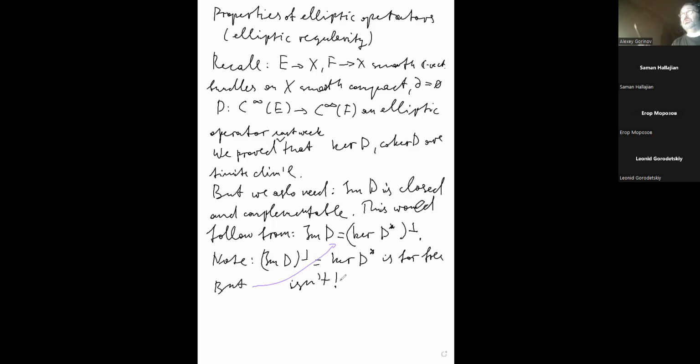It's the adjoint with respect to the L2 metric, which we introduce on sections without taking any derivatives into account. In other words, it's the W naught metric. Are there any questions?